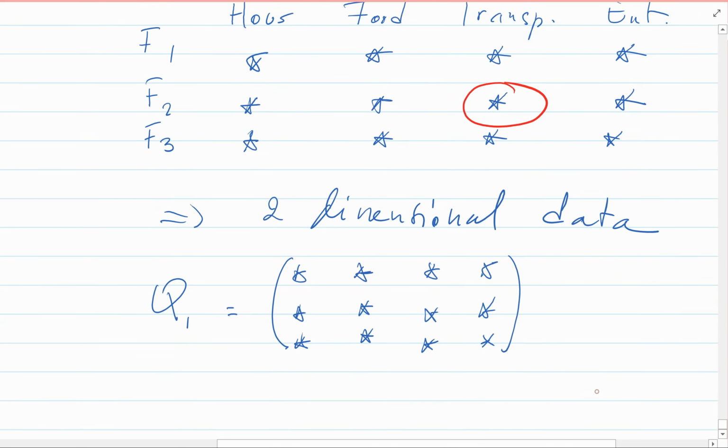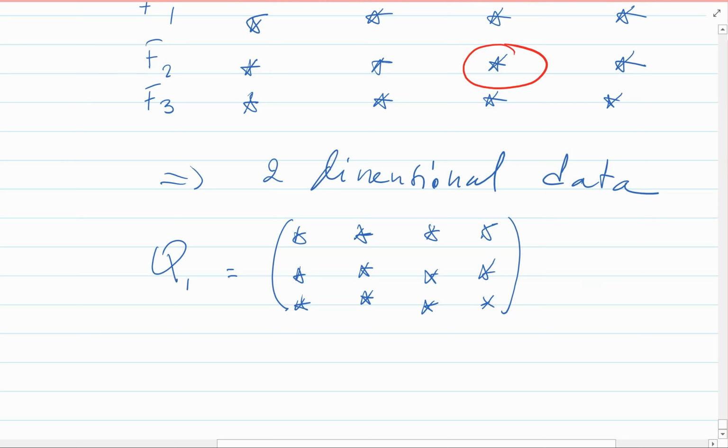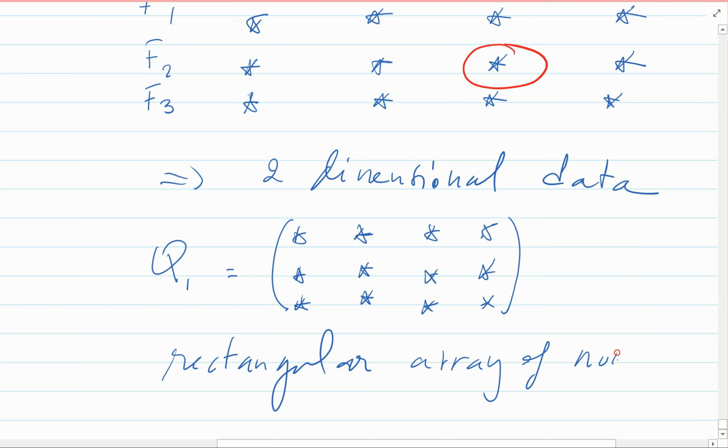So you see, the representation here is what's known as a rectangular array of numbers. It's natural that I can always push it and put it into a one-dimensional data entry, but naturally they are not one-dimensional, they are two-dimensional.